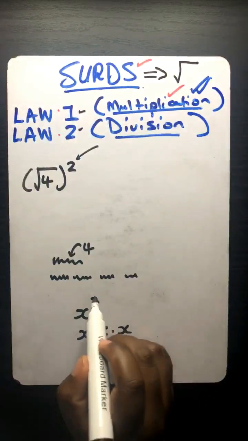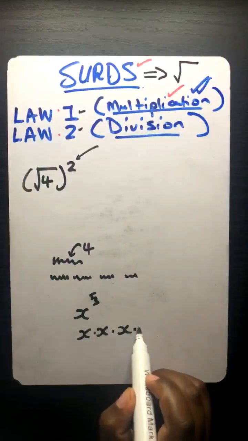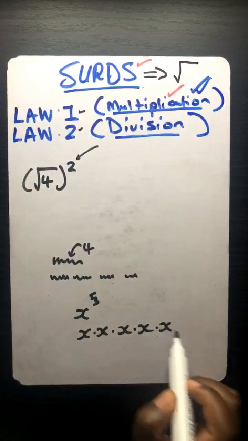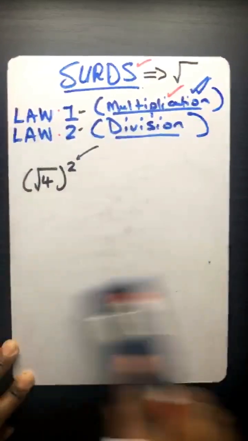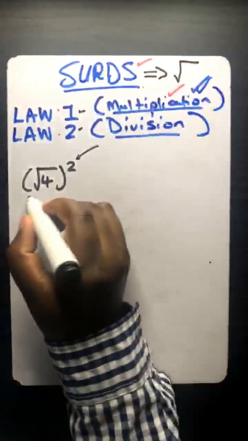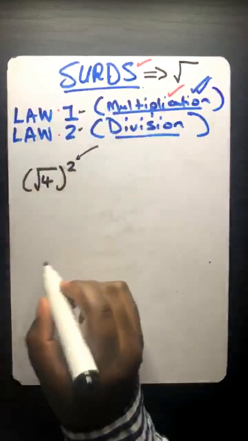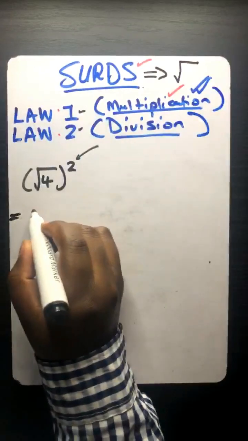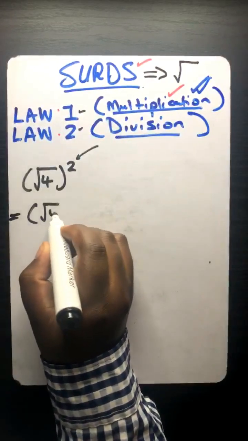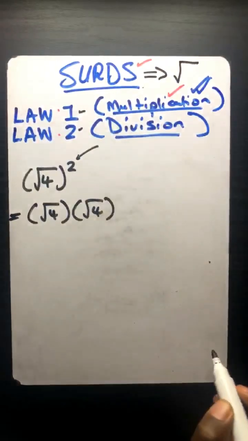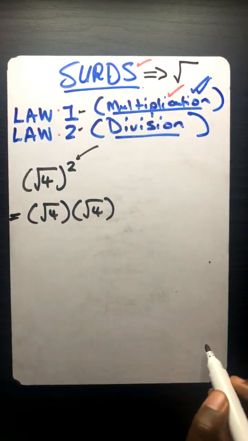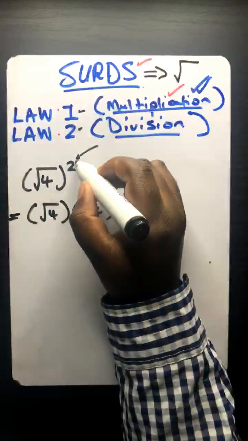If it was to the power of 5, then it's x times x times x times x times x. That means here in this case, can you see I'm having whatever there? That means I'm actually having whatever and another whatever. That's what I was trying to explain regarding that.